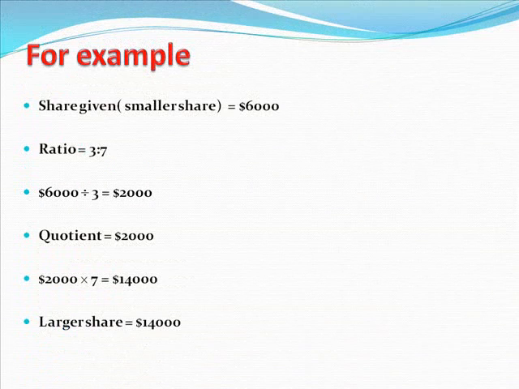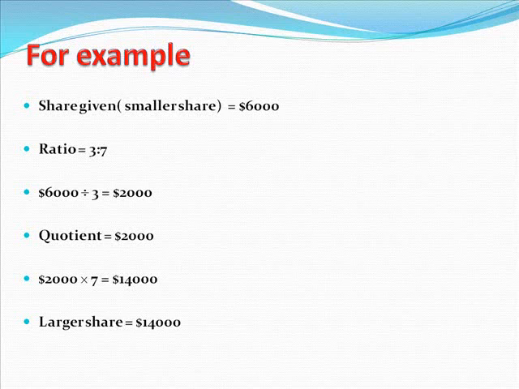For example, note that I have written down the share given, which is the smaller share, $6,000. And then I have written down the ratio, which is 3 to 7. Now I take the smaller number in the ratio, which is 3, to divide the smaller share, $6,000. So therefore I get what? $2,000. Now this $2,000 represents how many parts?